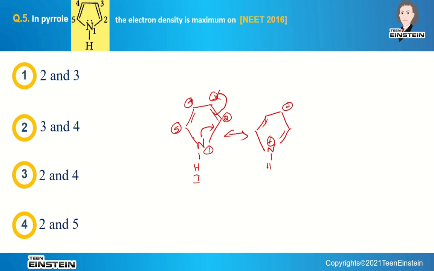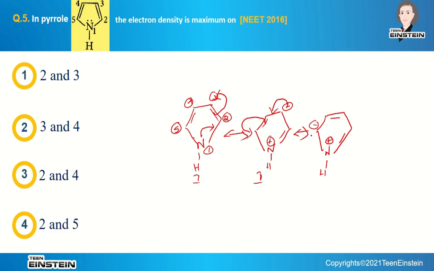Now this negative charge is shifted over here and this double bond is shifted over here. So we can get the structure like this. So positive charge remains on nitrogen and the negative charge comes over the fifth position.